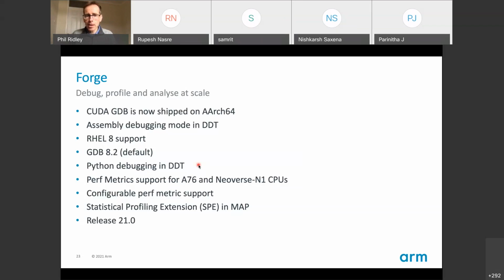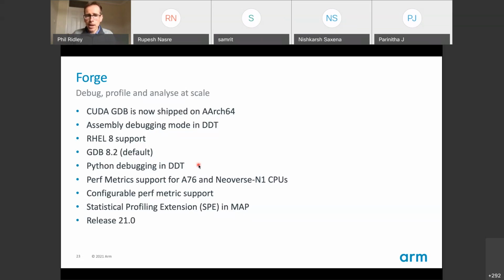It's a sampling based profiler, so it's not a tracing type profiler, and it gives you a good overall idea of how your application is performing. There's a lot of functionality that you can use with it. It's got good support for performance metric interrogation, so for performance counters on ARM architectures, you can look at those.